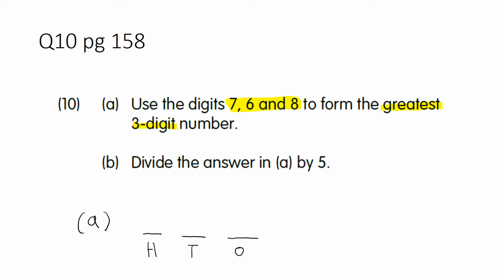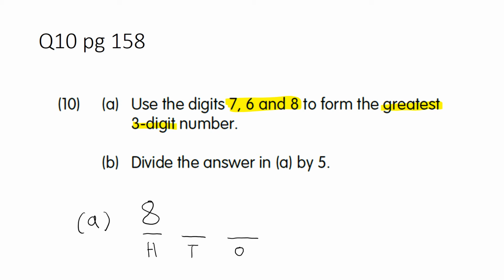So you ask yourself, if you want the greatest three-digit number, you have to have the biggest digit in the biggest place. Let me repeat that again. If you want to form the greatest three-digit number, you have to have the greatest digit in the greatest place. That makes sense. So the greatest digit is 8, and the greatest place is hundreds. So you have to put 8 over here.